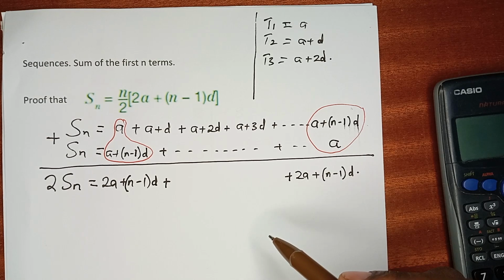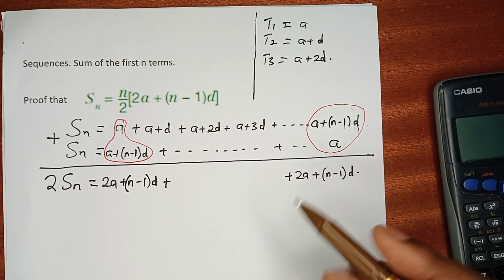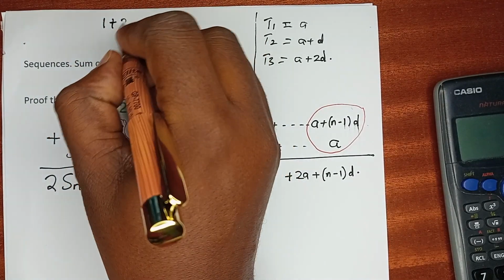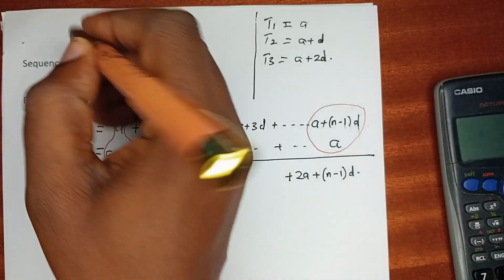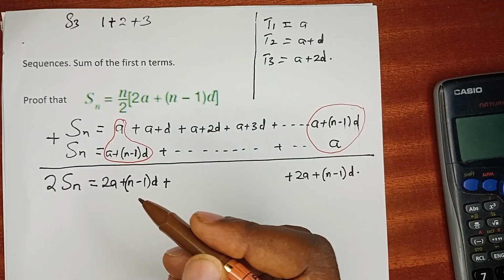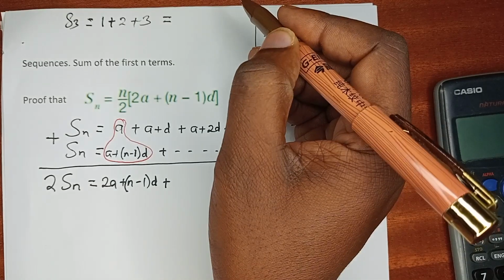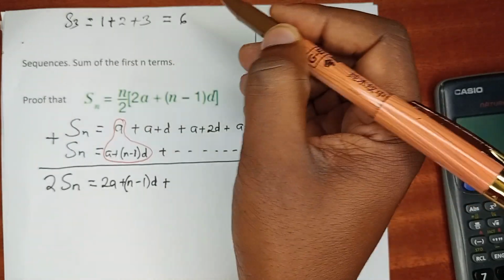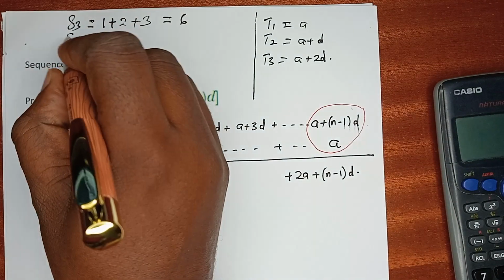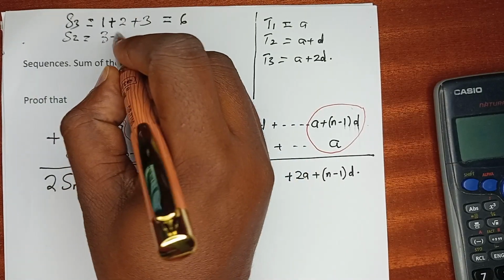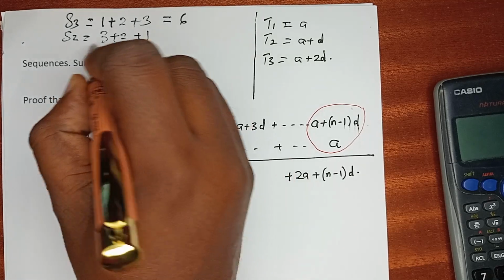And I want to give a simple example. If we are having to add 1 plus 2 plus 3, that is the sum of the first three natural numbers, which is 6. The same sum starting from reverse, we can start from 3 now, 3 plus 2 plus 1.